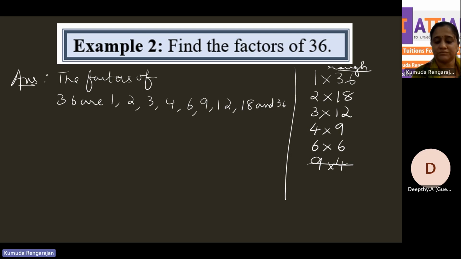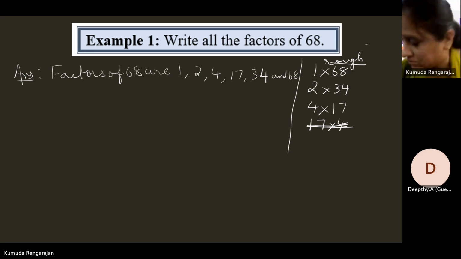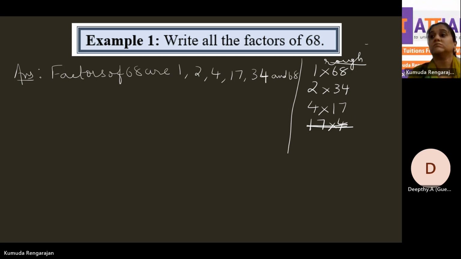Done writing? Deepthi finished? Yes, ma'am. Okay. Quickly write down the first one. Fast. Have you written? Have you left some space for that? Write down quickly. Where do you see 18?